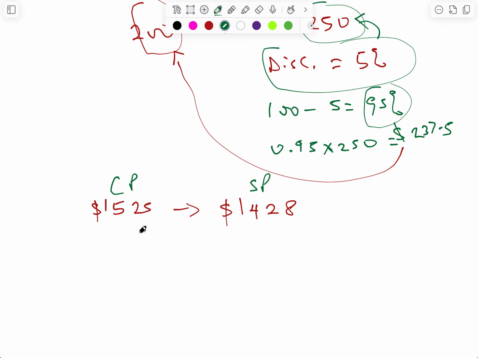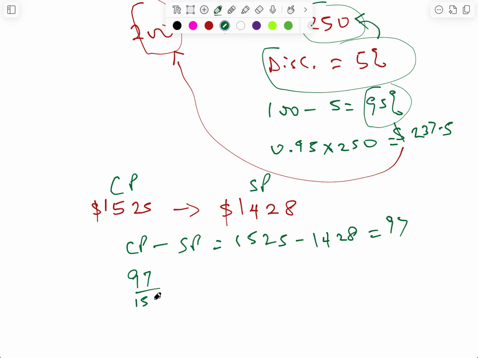The first thing you do is CP minus SP to get your loss, which will be 1525 minus 1428. That's 97. In this situation, it will now be 97 over 1525. Please take note, we always reference the cost price.